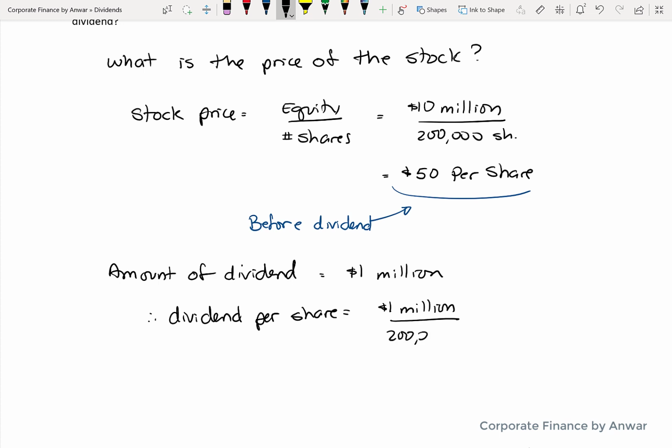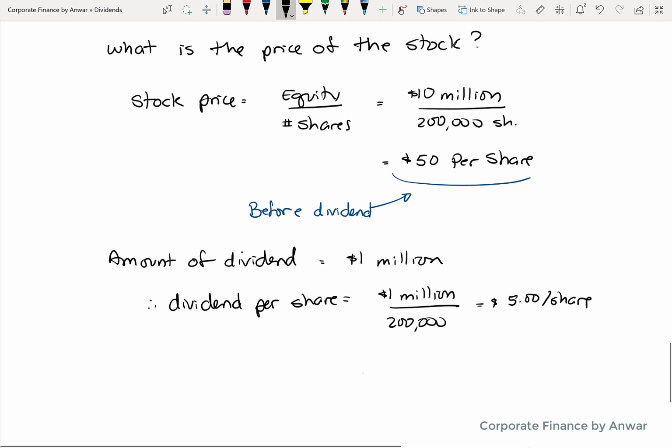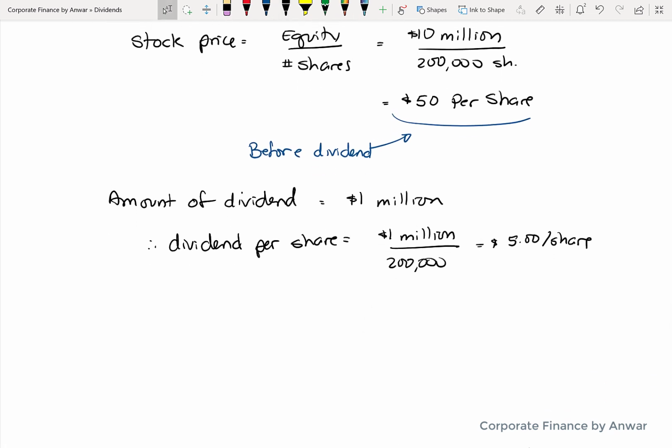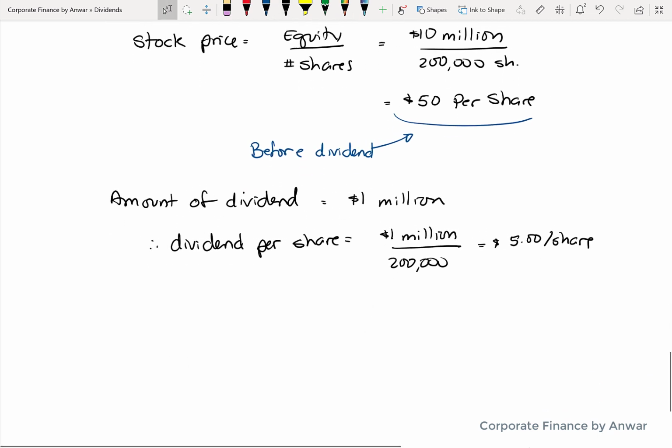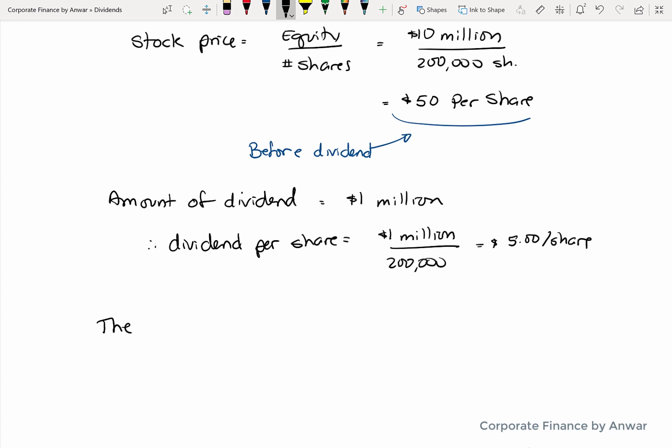So you own shares of this company, Mooseman, and the shares are trading at $50, and they just gave you a dividend of $5, and they paid it to you in cash. On the ex-dividend date, the price of your shares is going to fall by the amount of the dividend that you just received.